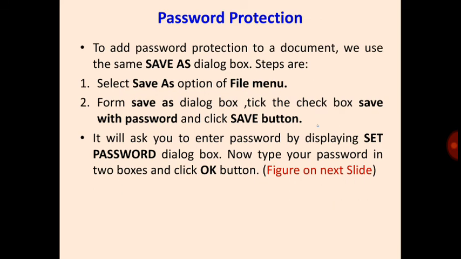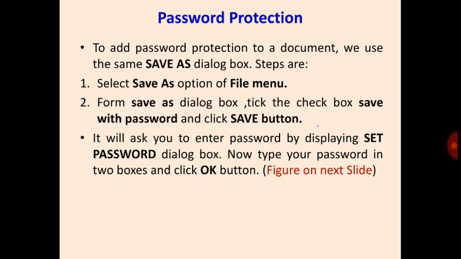The next thing is password protection. Password protection is basically a safety feature that allows our document to be password protected. To add password protection to a document, we use the same save as dialog box, and the steps are: select the save as option from the file menu.